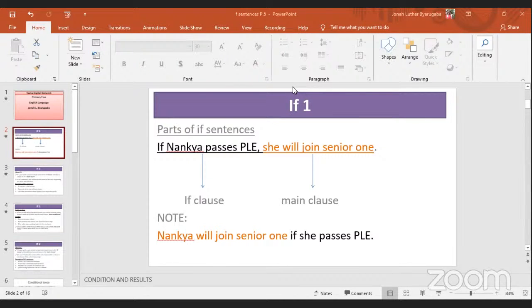Yes, I think. If Nakia passed PLE, she would have joined senior one. That is still wrong. The if clause is in if two, the main clause is in if three. Listen to yourselves.